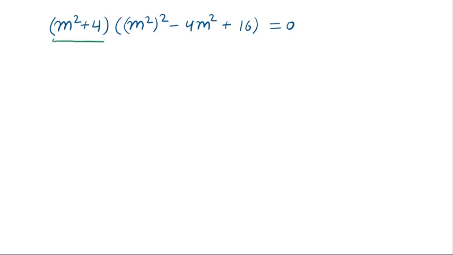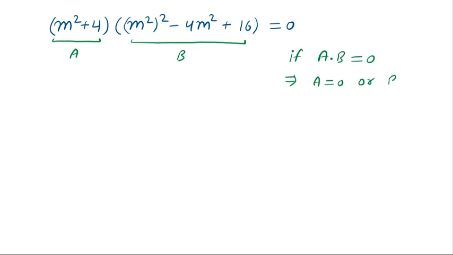Suppose this term is a and this term is b, and we know that if a into b is equal to 0, this implies a is equal to 0 or b is equal to 0.